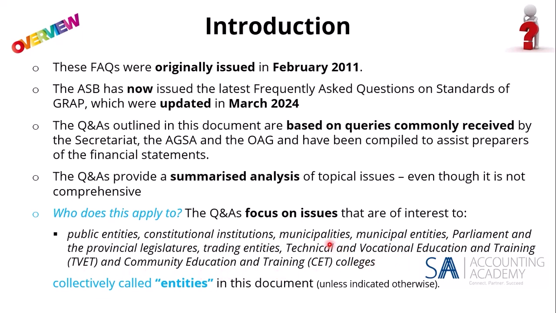Those are what the document collectively refers to as entities. So whenever you read in this document and they talk about the entity this, the entity that, it could be any one of those. But yes, it is public accounting, public entities that apply GRAP.